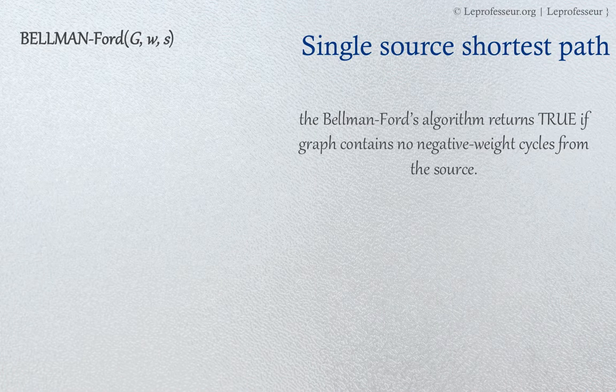Bellman-Ford's algorithm says that it will return true if the graph contains no negative weight cycle reachable from the source vertex, and if it finds no such cycle, then it will give a shortest path from the source vertex to each other vertex in the graph. And if it finds a cycle, then it will just say false, and it will not give you the path.